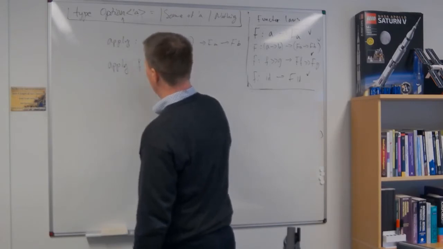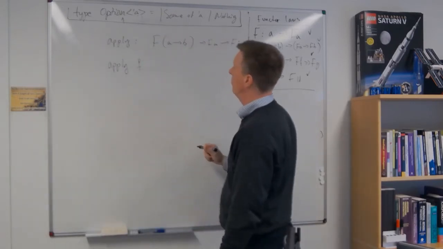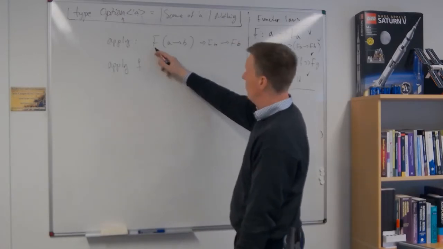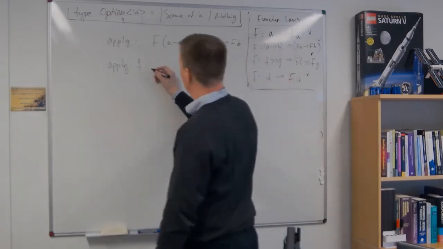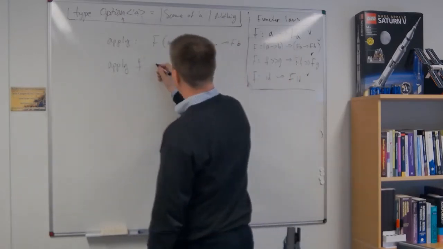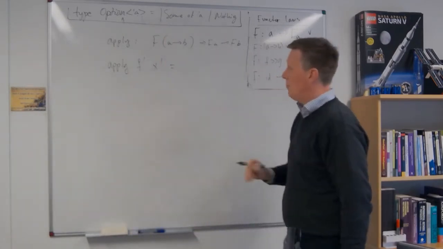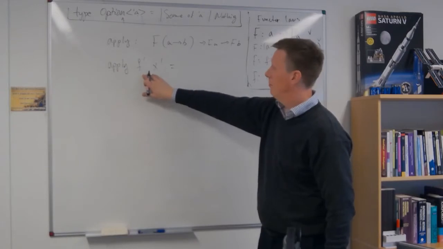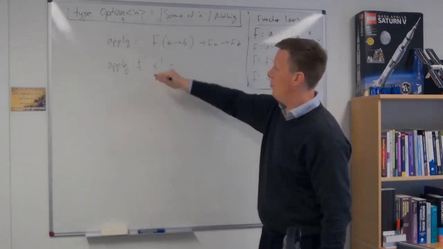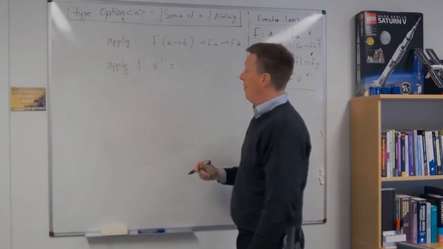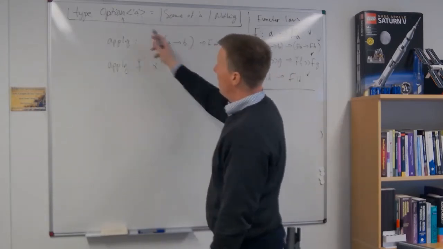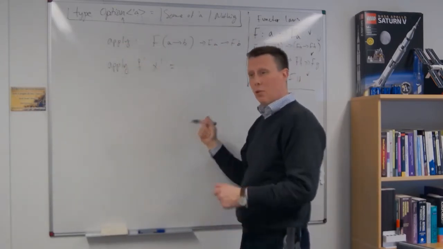So it will take some function f, which has been wrapped up in an option type. So I'm going to call it f prime, and it will take some x, which is also inside an option type. So these are both options. Now f is option. And in order to be an applicative, you must also have a functor.